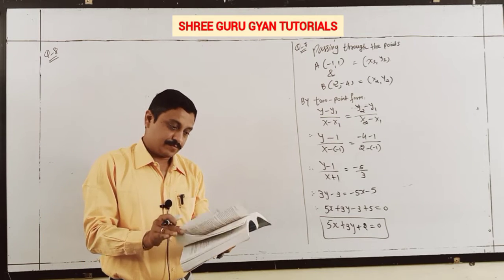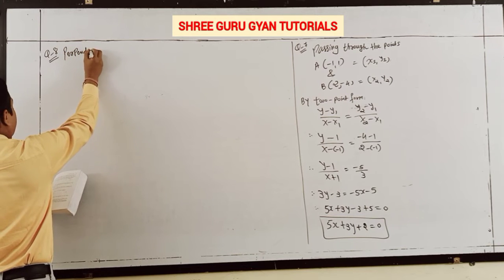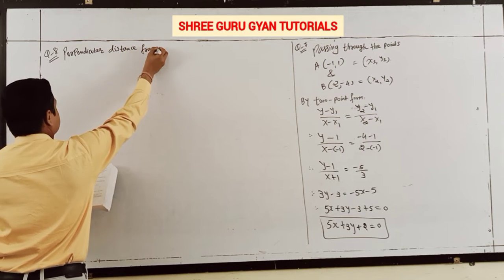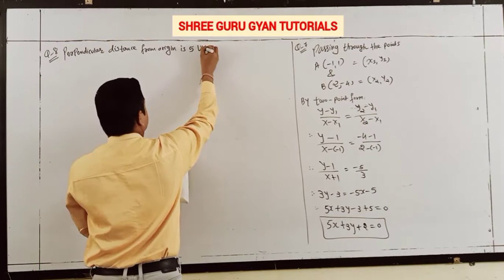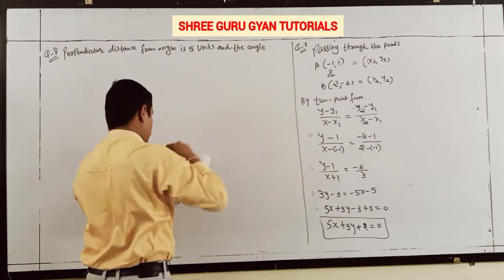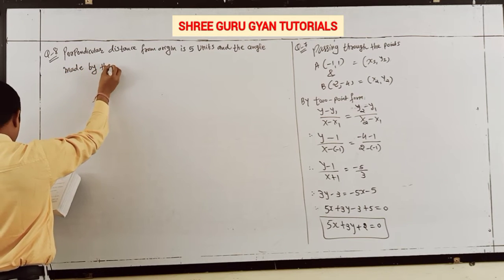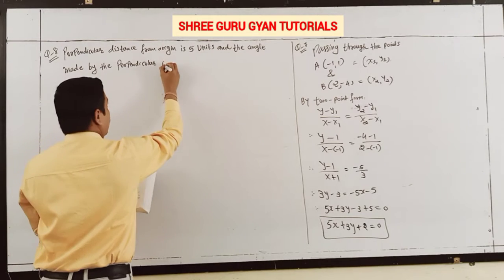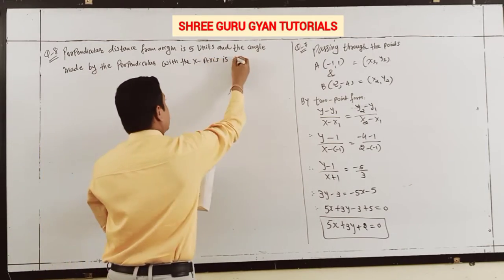Our question 8 is: find the equation of the line whose perpendicular distance from the origin is 5 units and the angle made by the perpendicular with the x-axis is 30 degrees.